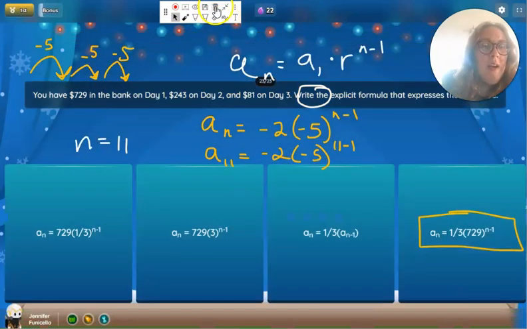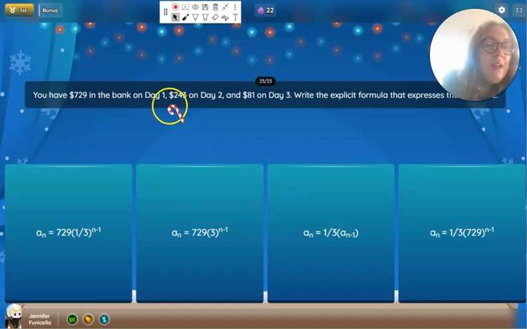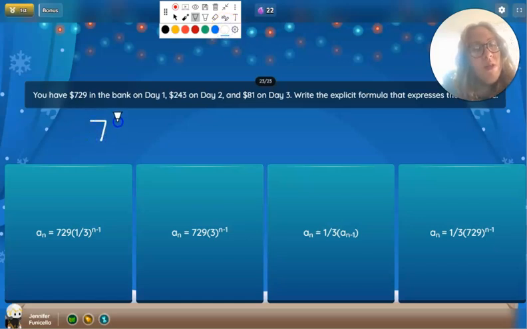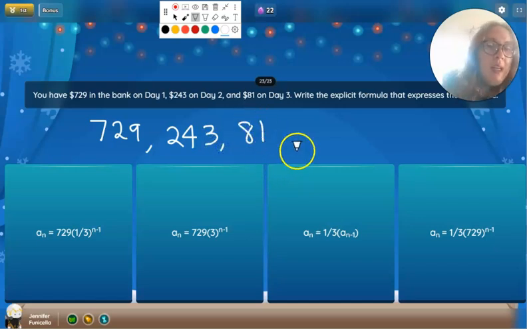Beautiful. And our final question is, you have $729 in the bank on day 1, $243 on day 2, $81 on day 3, and it wants us to find the formula for the sequence.